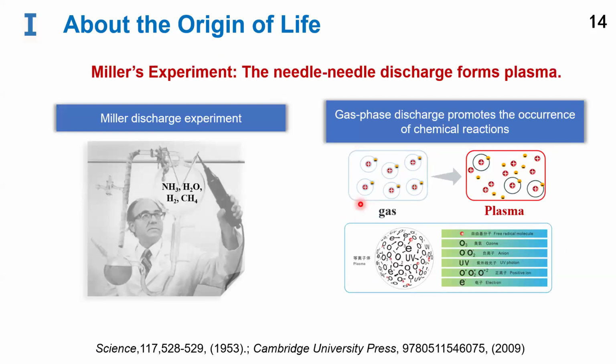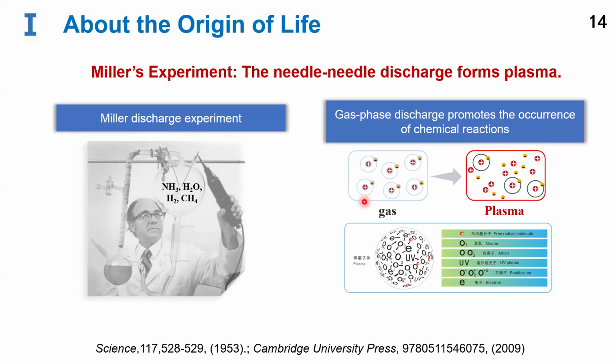The most famous plasma discharging experiment is the Miller experiment. Miller was the pioneer in the study of the origin of life, who was the first to achieve the transformation of inorganic molecules into amino acids through discharge.